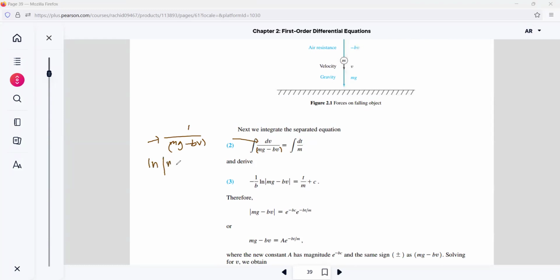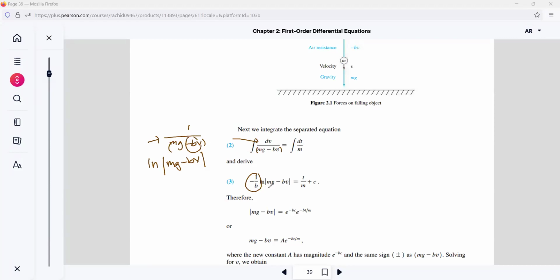Natural log of that. And because we don't know about the sign yet, we're going to put the absolute value for it because the domain of the natural log function is positive inputs. And because v, just like 2x or 1/2 x, you need to divide by b or negative b.